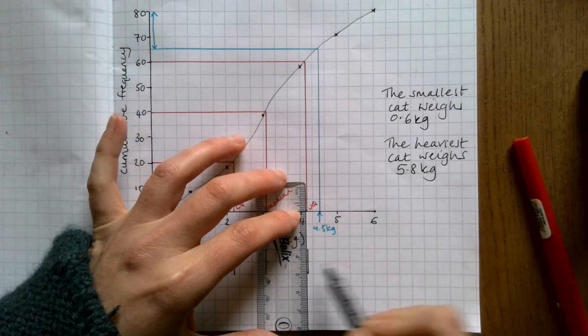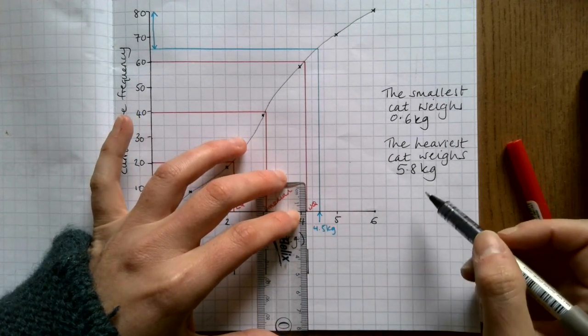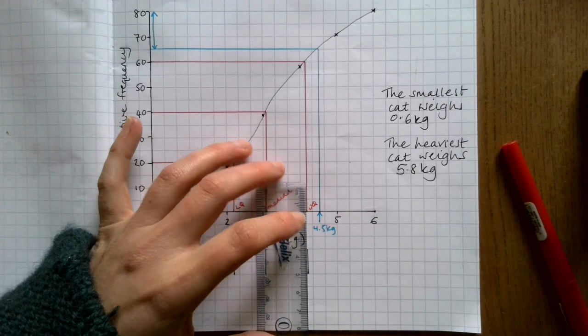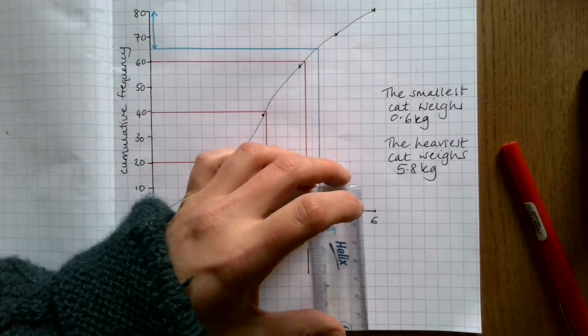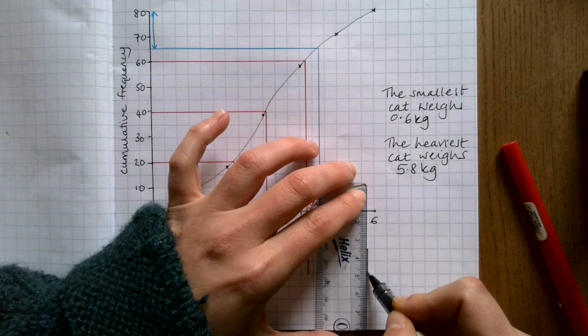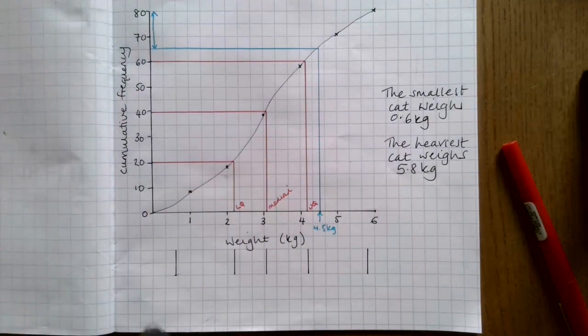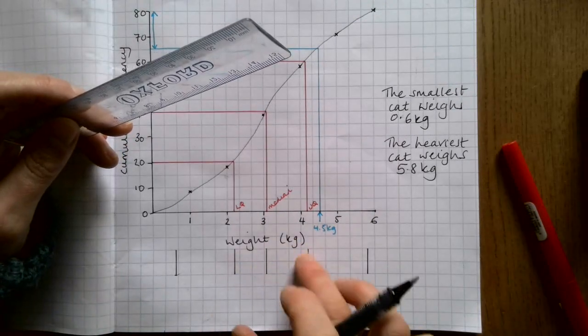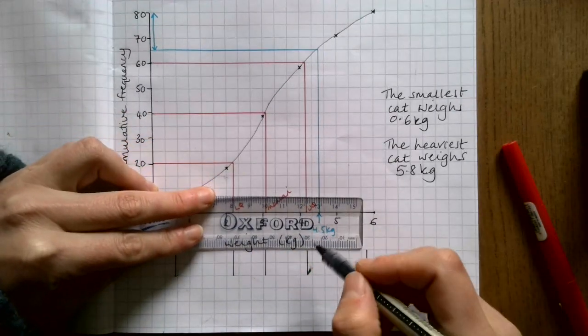And then the last line that we put on our box plot is 5.8 kilograms, so the highest value. So there. Okay, so every box plot has 5 lines, and then we need to join them up in a certain way so that the centre we turn into the box.